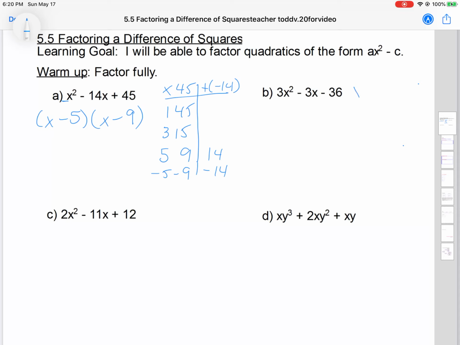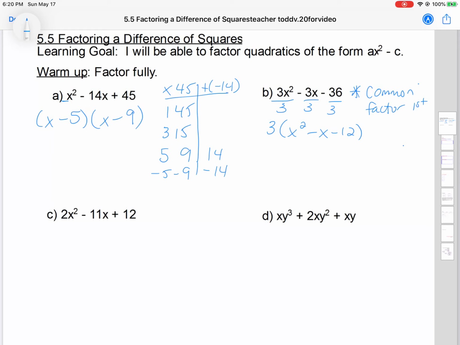Okay, the second one looks almost tricky, but remember to common factor first. So then if you divide them all by 3, the good news about common factoring is you can often look at the a value and see if it's possible to divide the other terms by that value. That is usually a good option for a common factor.